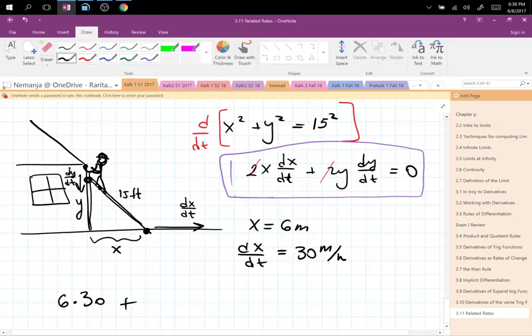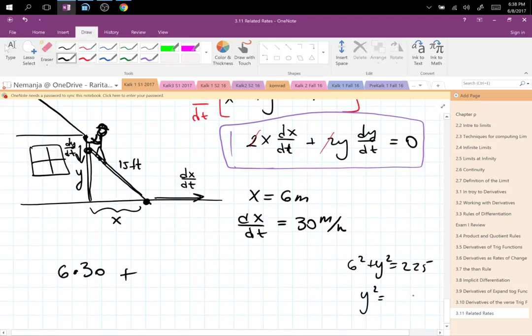And then you have 6 times 30 plus y. We have to compute y. We have that x is equal to 6. We have that the hypotenuse is 15. So now you compute the y because you need to plug y into the equation, and you don't have it yet. A little side calculation: 6 squared plus y squared is equal to 15 squared, 225.